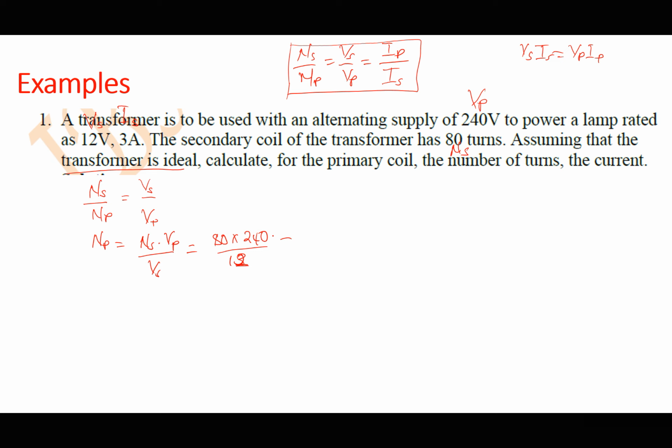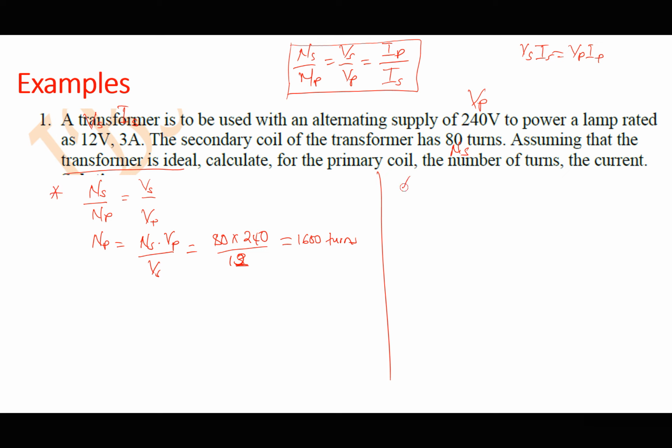So I'll press my calculator very fast: 80 times 240 divided by 12. So this is 1600.